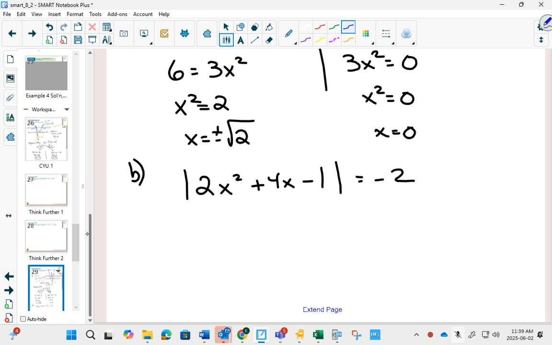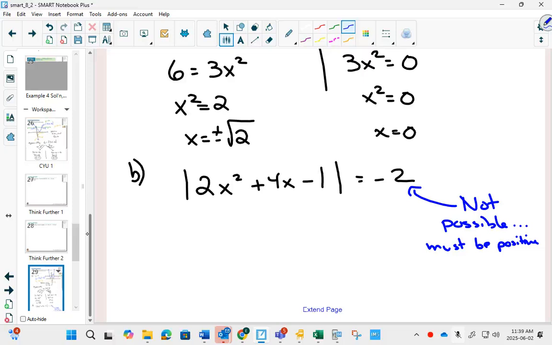What does an absolute value do? It makes the number positive. Can it ever equal negative 2? So, algebraically, all you have to do is notice it must be positive, I guess technically positive or 0. You would be done. Question done.